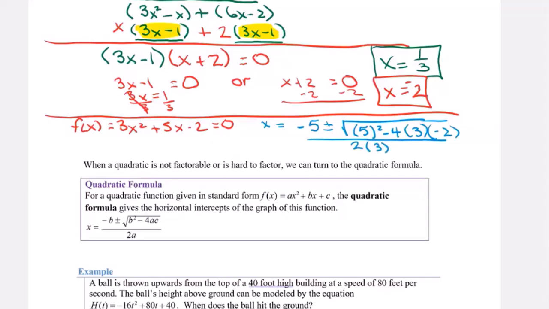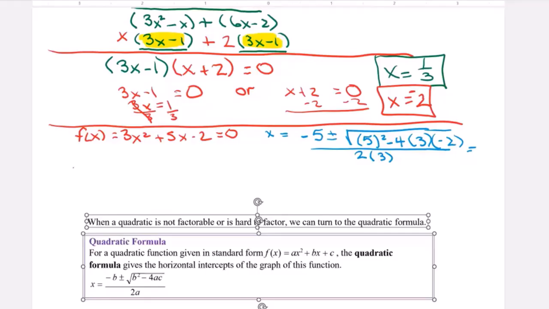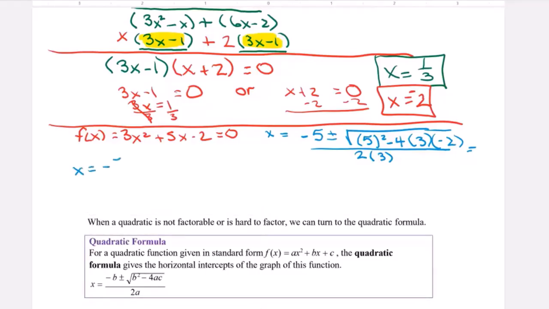And let's simplify. So we get x equals -5 plus or minus the square root of 25. 4 times 3 is 12. 12 times 2 is 24. I have 2 negatives, so that would be plus 24, divided by 6.